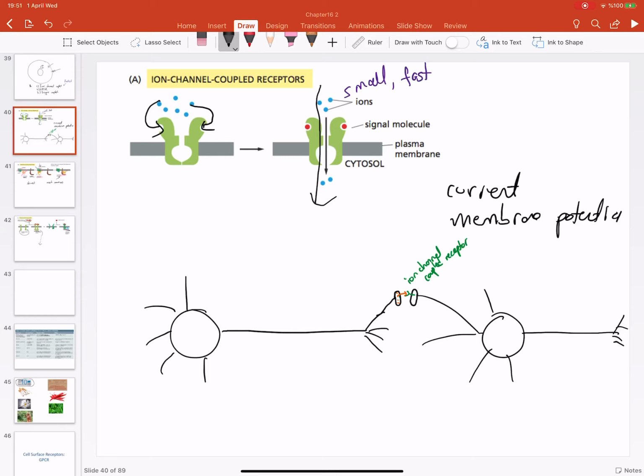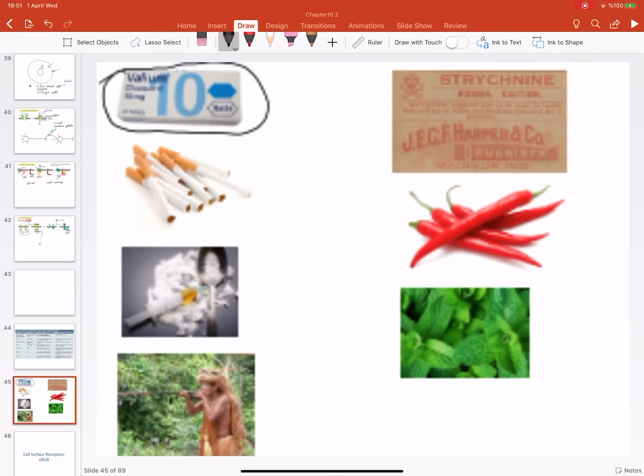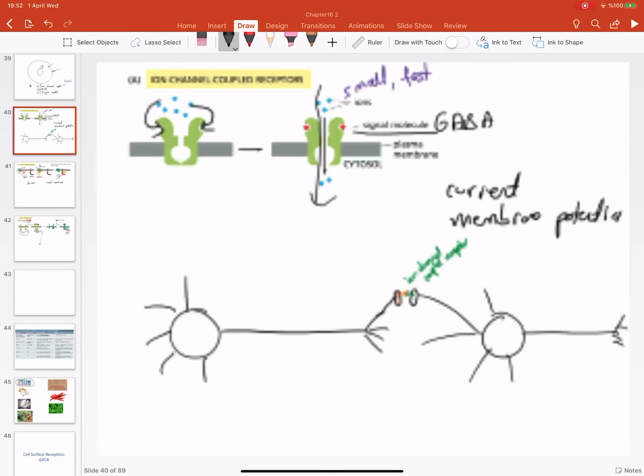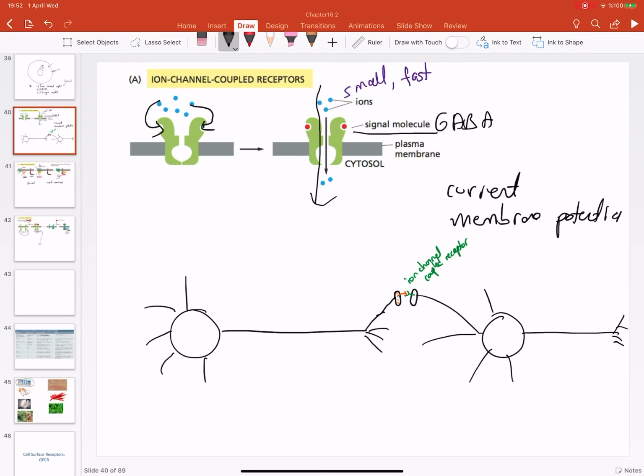In this case, the signal molecule is normally GABA, but Valium is mimicking that. So instead of GABA, Valium is binding there. And this Valium is opening channels, but this time the channel is a chloride channel. And because it's a chloride channel, it's hyperpolarizing the membrane.